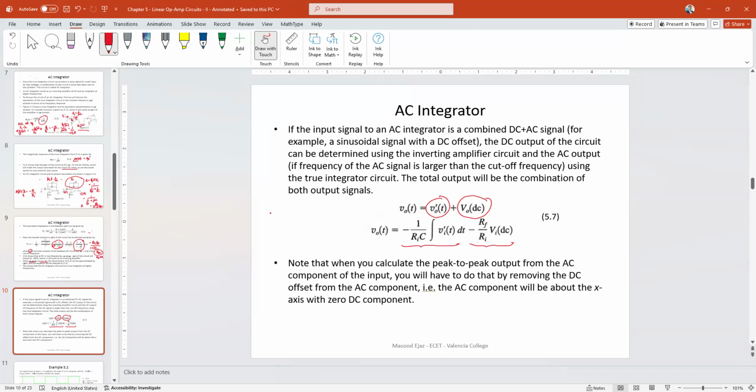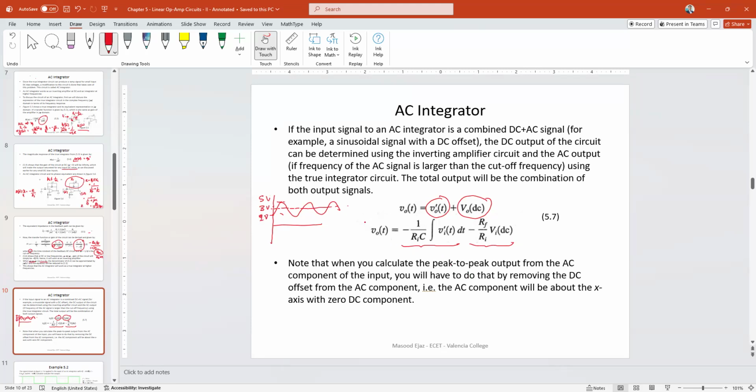So for example, if you have a waveform, let's say a sinusoidal waveform or any waveform like this, and this waveform is centered at, let's say, 3 volt, and the peak value is 2. That means you're going from 5 to 1 volt. So 3 plus 2 is 5, and the peak value of the waveform is 2 volt.